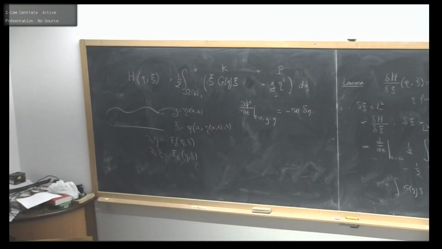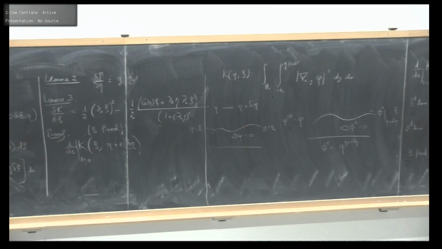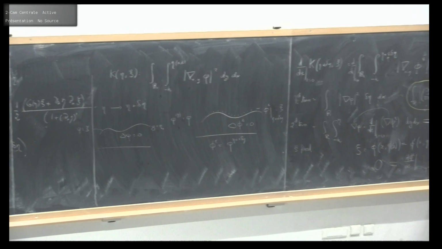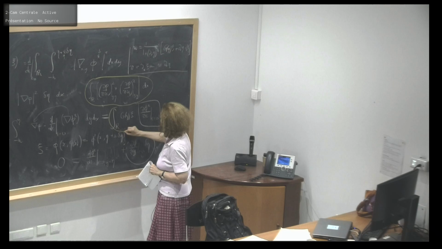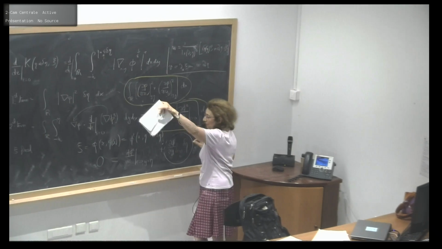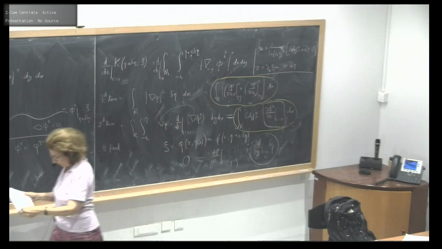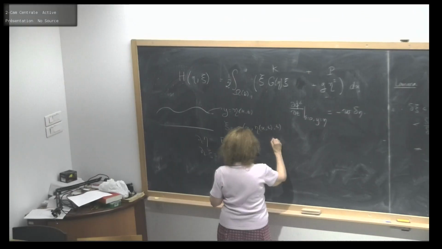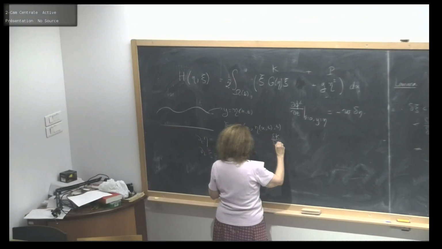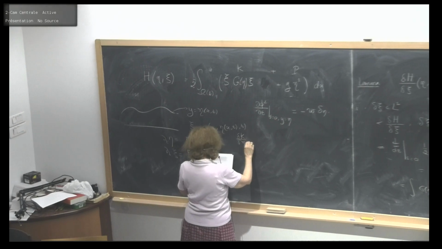Okay, so we put together all the terms we need. We have this one, and this one, and this one, where the box has been replaced. So finally, we get dk d eta applied to delta.